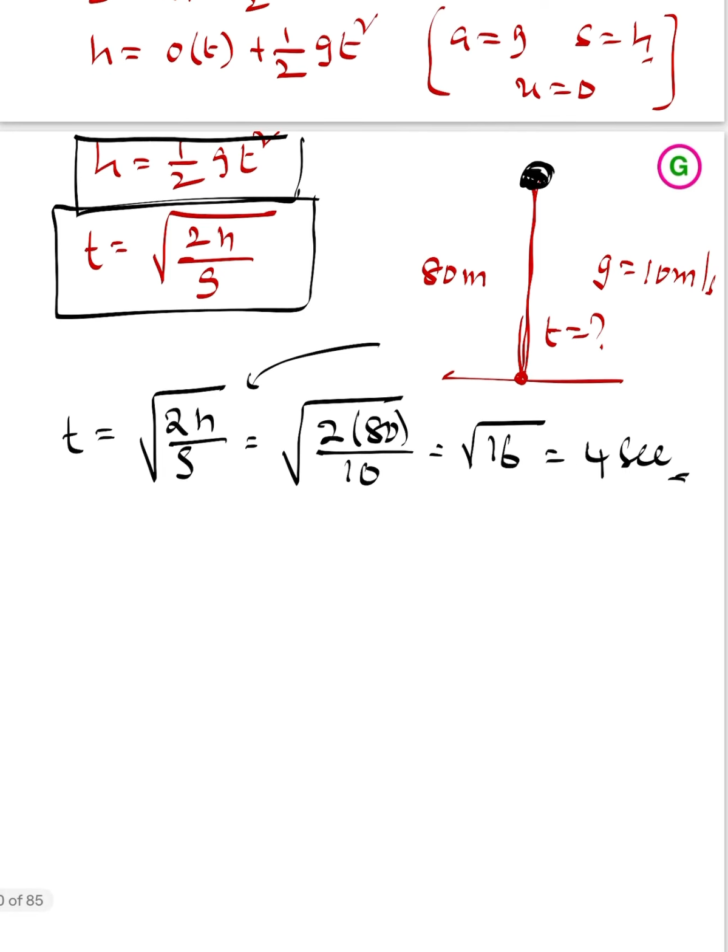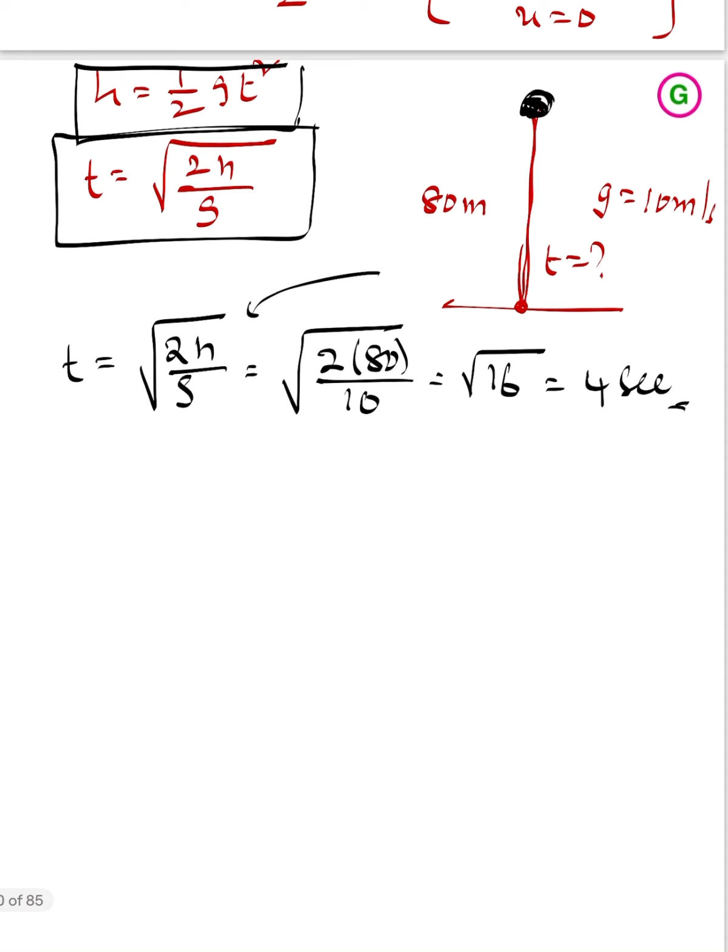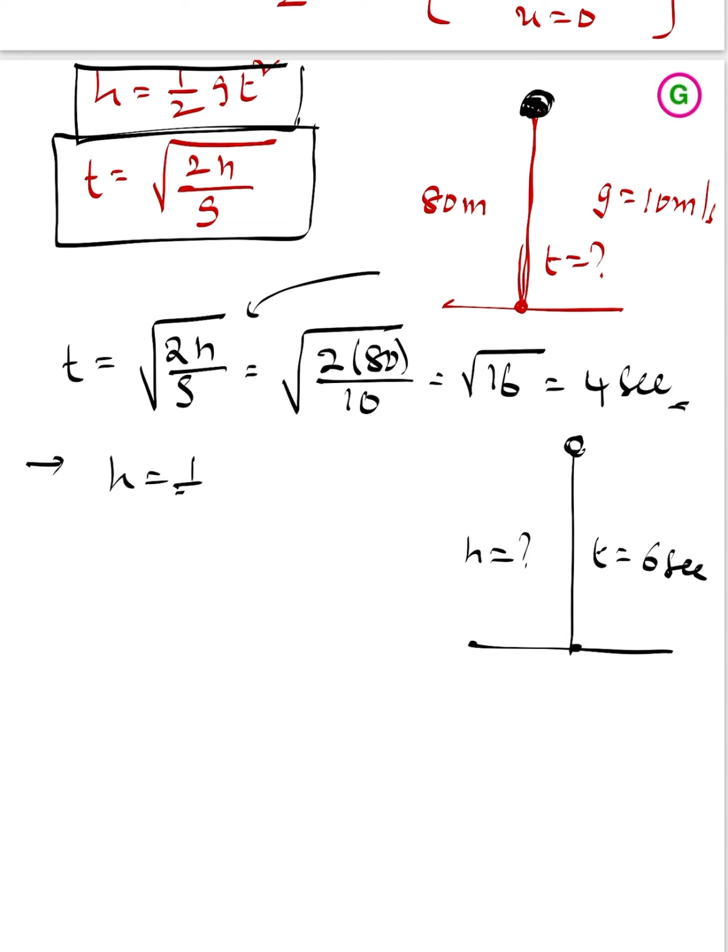Suppose the time taken to reach the ground is given as 6 seconds. How much height was it dropped from? Then you can use the formula h equal to half gt square. h equal to half into g, 10, into t square, that is 6 square.